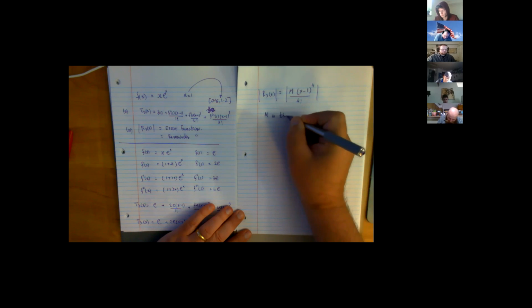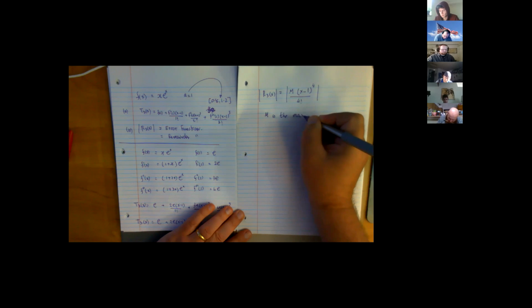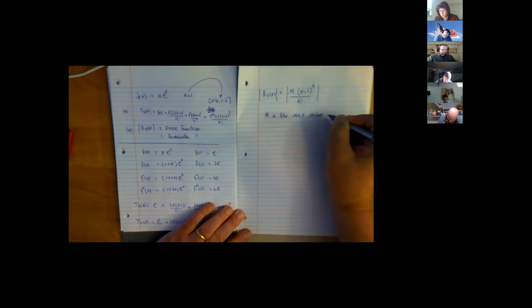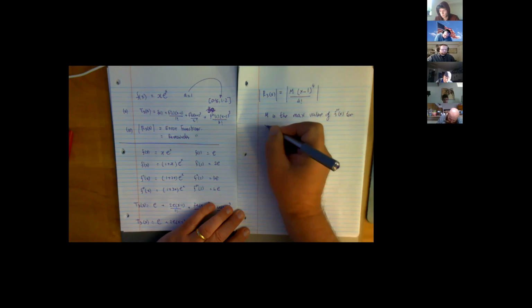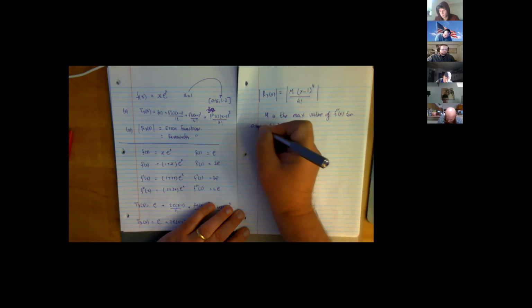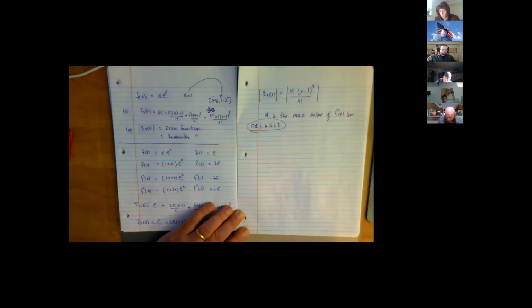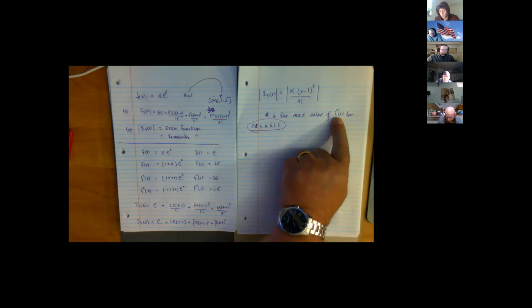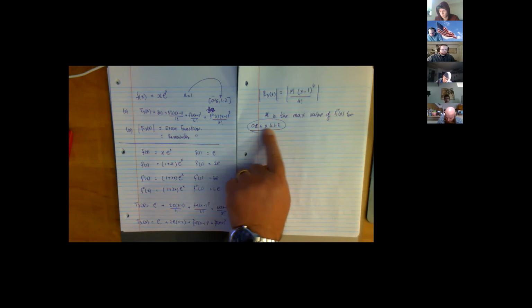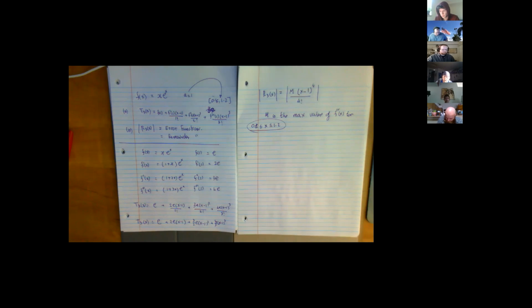M is the maximum value of the fourth derivative of x for x in this range. So whatever you got here, M is the maximum value of the fourth derivative for values of x in this range.